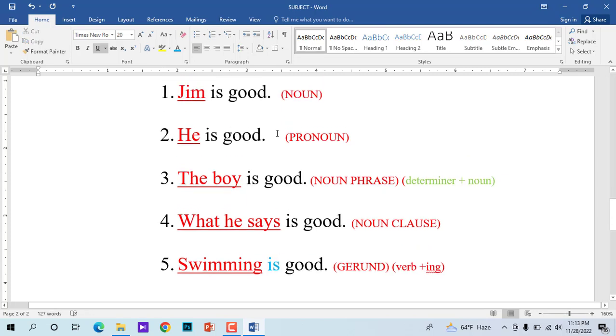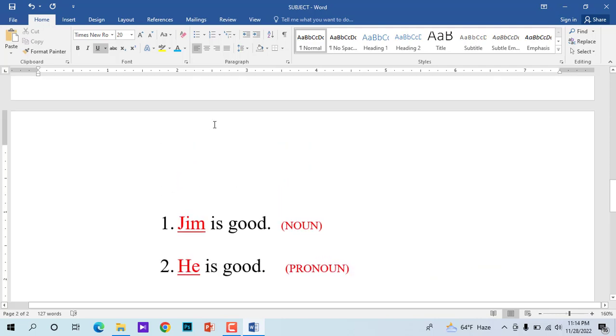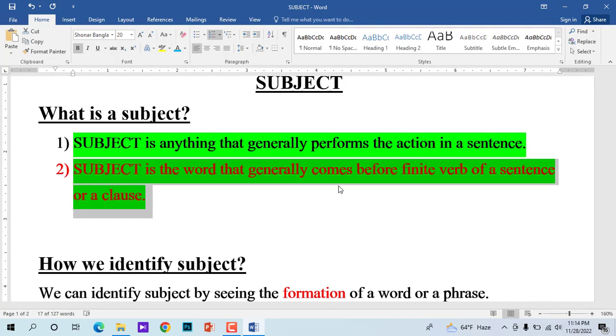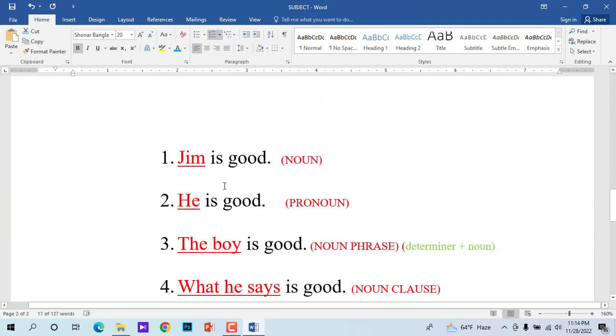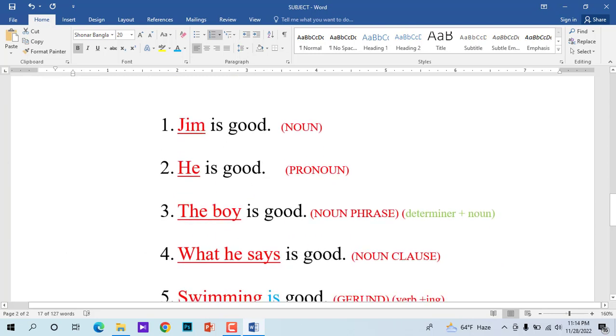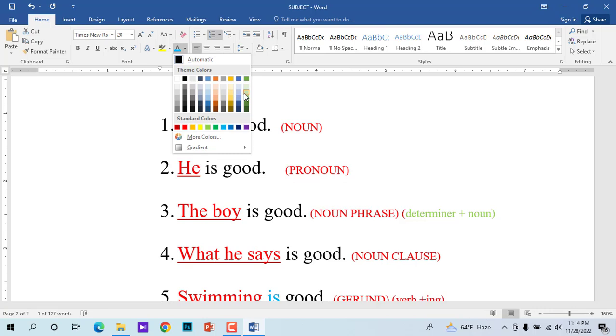First of all, you need to identify the finite verb of a sentence to identify a subject. As I told you, the subject is the word that generally comes before the finite verb of a sentence. If you find the finite verb of a sentence, you can easily identify the subject. I am marking the finite verb in blue color.